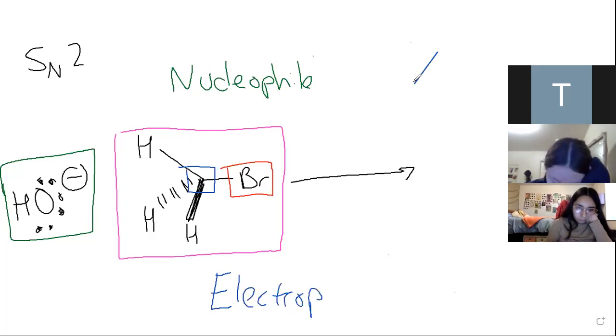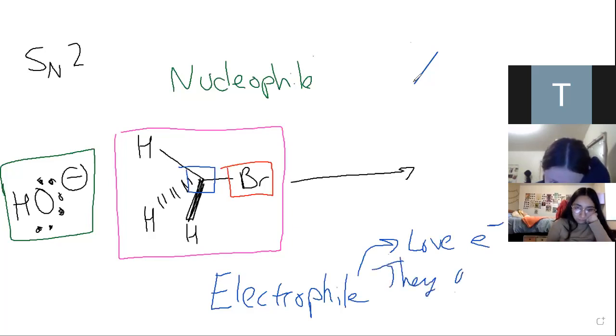So if I was to ask Melissa, what do electrophiles love? Electrons? Yep, they love electrons because they are electron poor, meaning that the electron density is being pulled away from my electrophile.